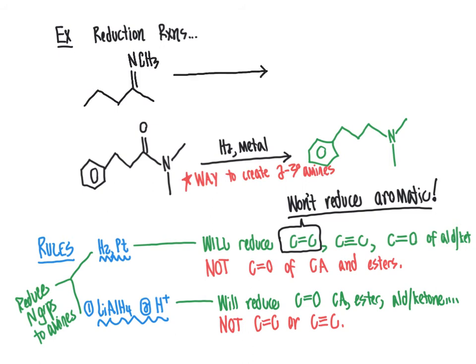We could reduce this using either lithium aluminum hydride or H2 and the metal catalyst. Just to keep things mixed up here, I'm going to use the lithium aluminum hydride, LiAlH4. THF is our ether solvent, and then adding dilute acid to adjust the pH just enough to provide the proton necessary for finalizing the reaction.